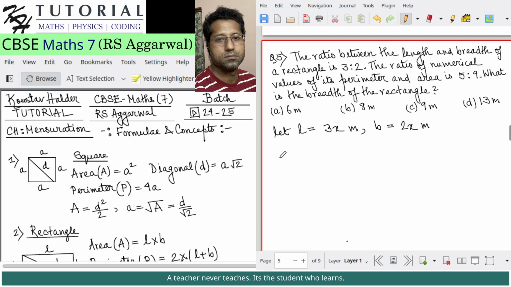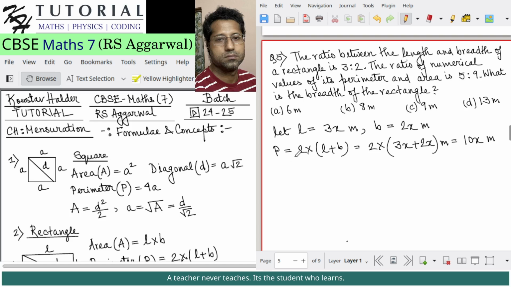Now it is saying the ratio of numerical values of its perimeter. So what is perimeter? Perimeter is 2 into length plus breadth, which is 2 multiplied by 3x plus 2x meter, and this is equal to 2 multiplied by 5x, which is 10x meter.